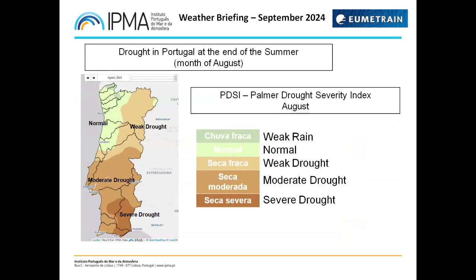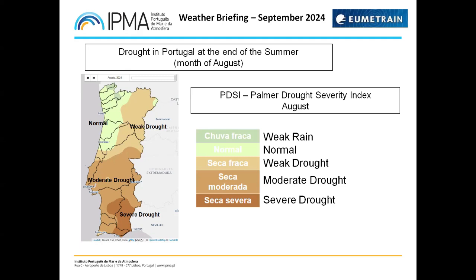Leading to this event, we had a very hot and wet spring and a summer with some periods with temperature above normal in July and August, and some precipitation above normal in June. And here you can see the drought index, PDSI, the Palmer Drought Severity Index, that is based on the concept of water balance, and it accounts for quantities of precipitation, air temperature, and water capacity available in the soil, and allows us to detect the occurrence of drought periods.